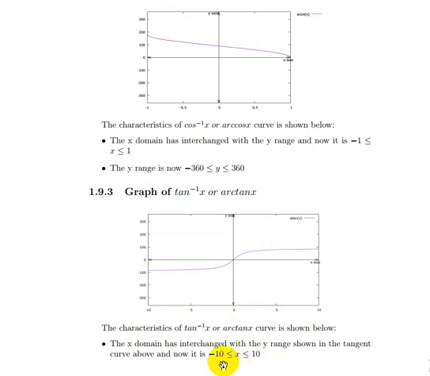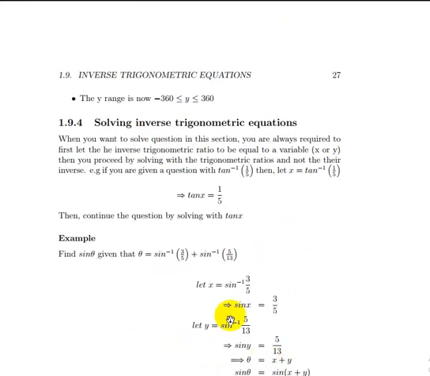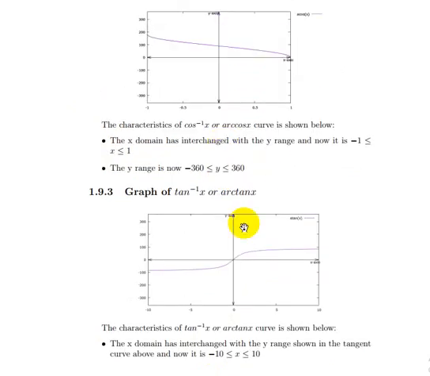So this is going to go from -infinity to positive infinity. And now the y range is going to be -360 degrees to 360 degrees. But from here we see that it stops at the level of 90 degrees and -90 degrees.